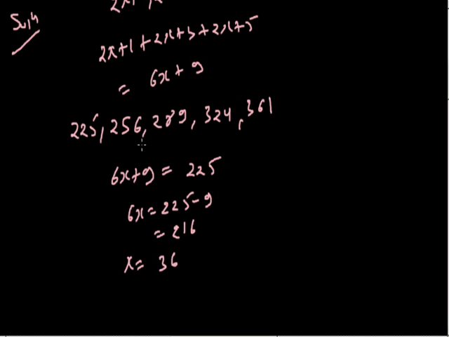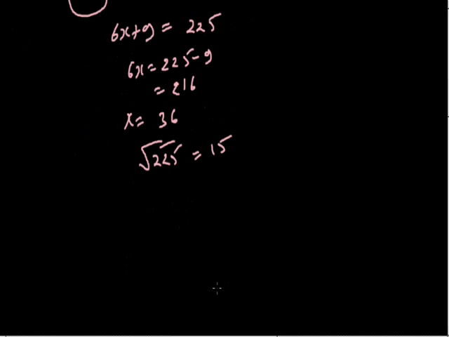By all the other options we are getting fractional values of x, not natural values. So 225 is the correct one, and we have to find the square root of this value. The square root of 225 comes to 15. So option 1 is correct.